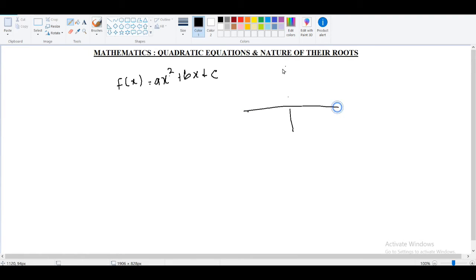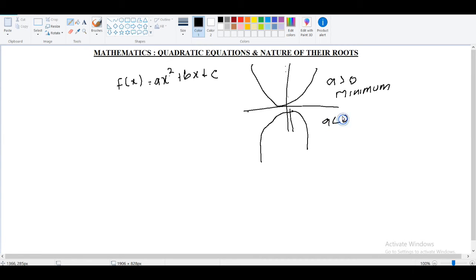When you are sketching your graphs, we see that if a function here is smiling up, that means a is greater than 0. So in this case it will have a minimum value. If your function now is smiling down, that means a is less than 0. That means here we have a maximum value of a quadratic function.